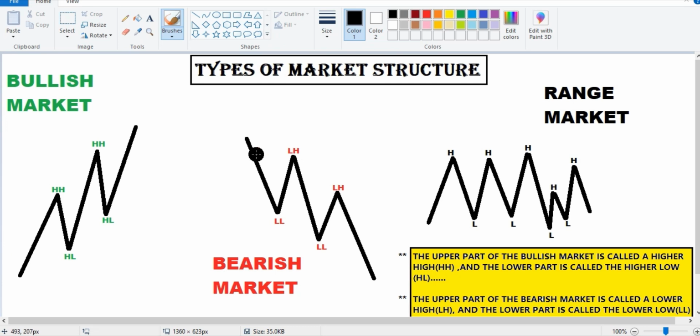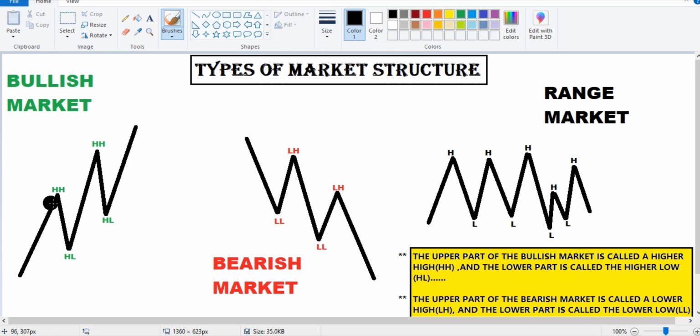Now, this is where we're going to take new notes, like opening a fresh page in your jotter, and let's write. Right? So now, the bullish market consists of two major parts, which are the higher high and the higher low.